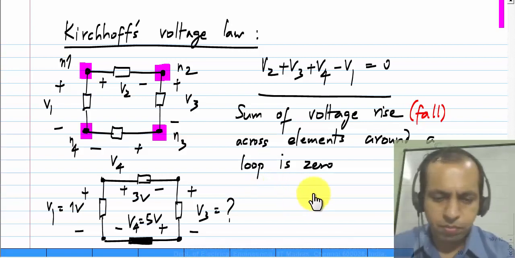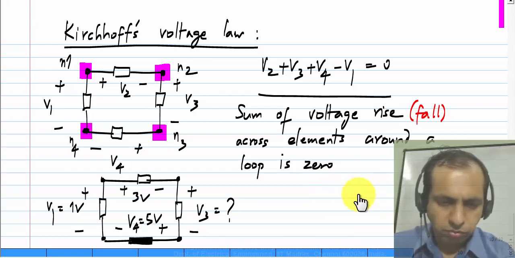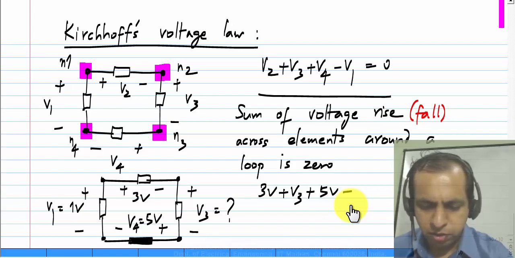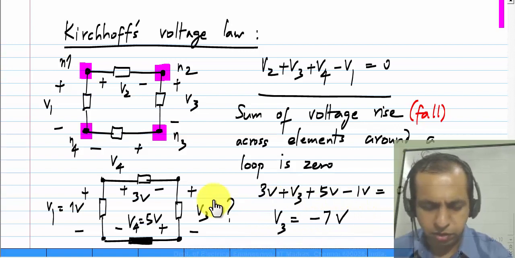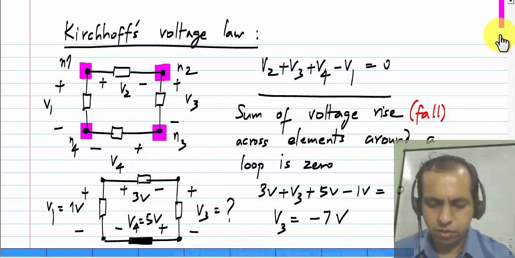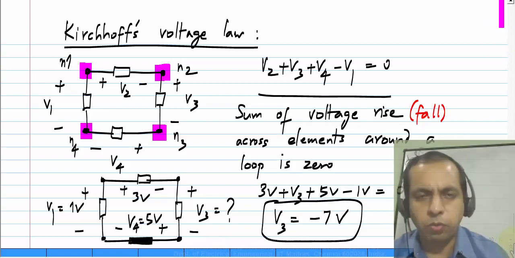What does it mean? This is equal to 0. So, that means that 3 volts plus V3 plus 5 volts, which is V4, minus 1 volt, which is V1, equals 0, and this tells you that V3 is minus 7 volts. So, you can calculate an unknown voltage.